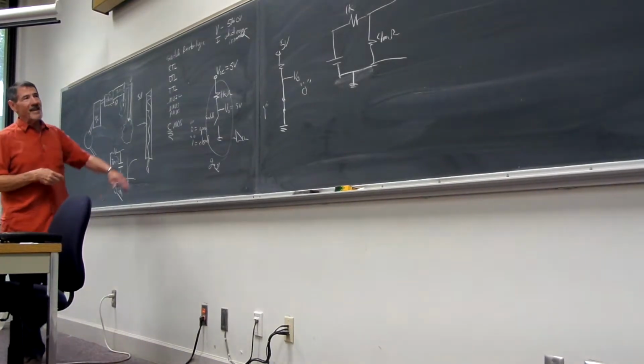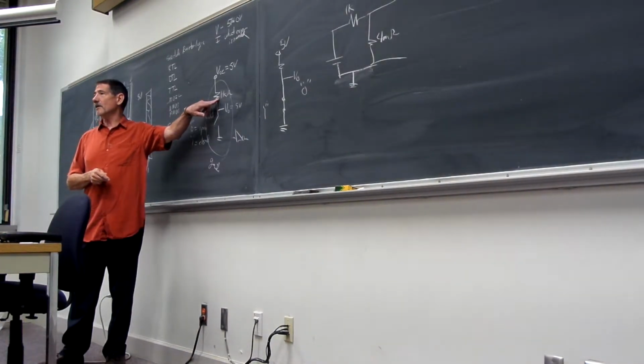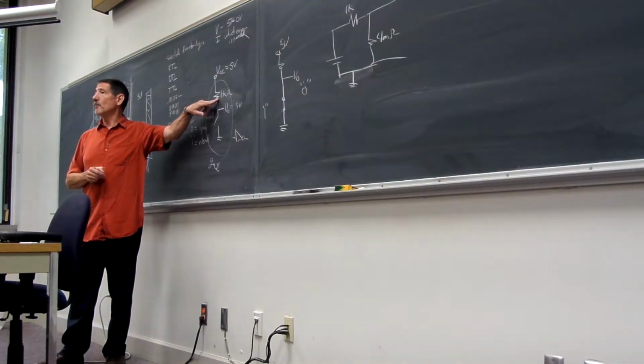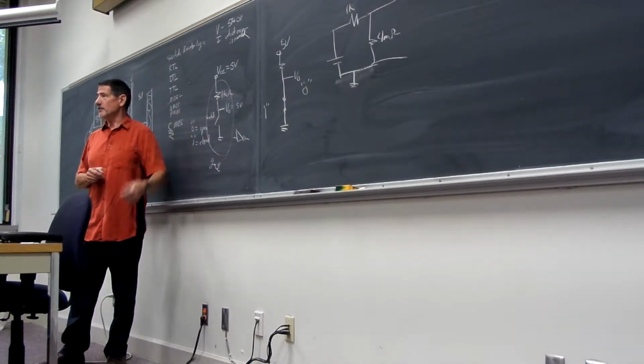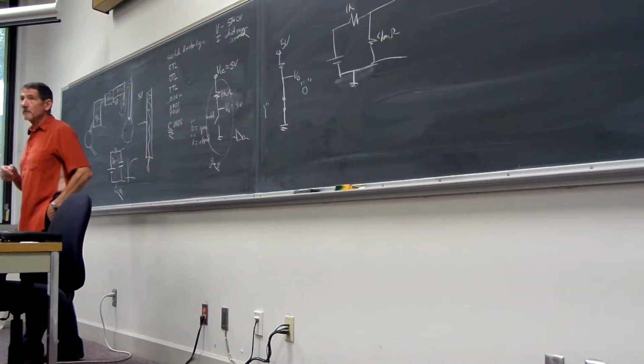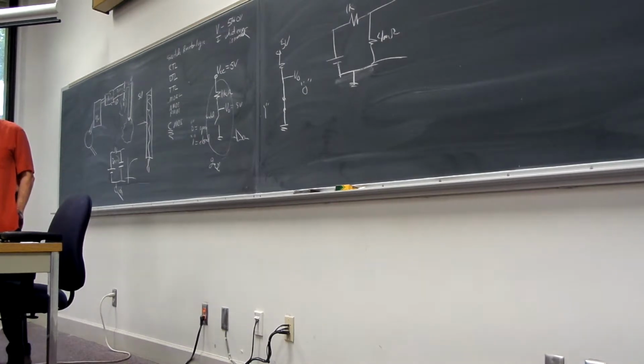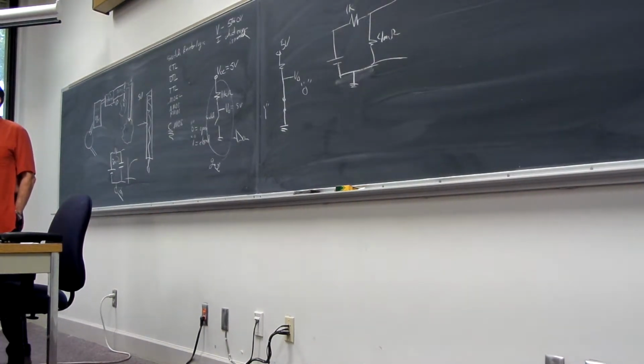So if I made this a 10K, how much current would be flowing? 0.1 milliamp, right? And so you see that the power is going to be significantly less. So why not make that really, really large? Let me make that a mega ohm or something.